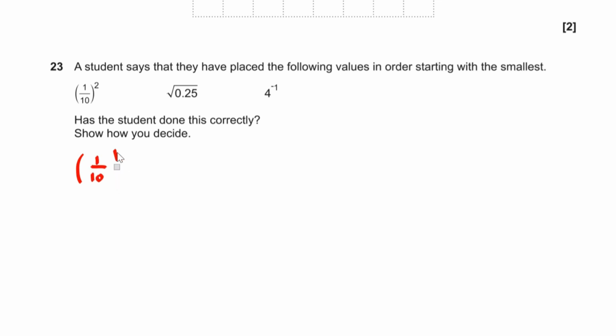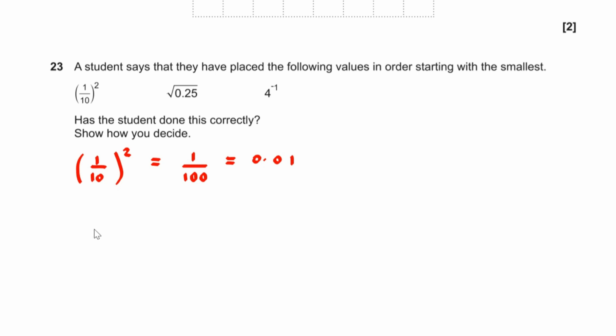as decimals. So we have 1/10 squared, which is the same as 1 over 100, which is equal to 0.01.